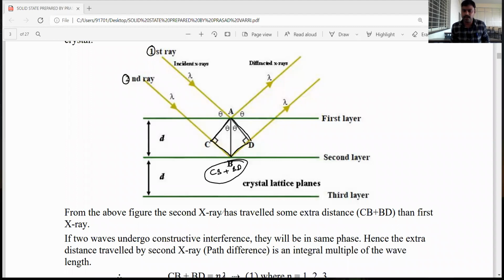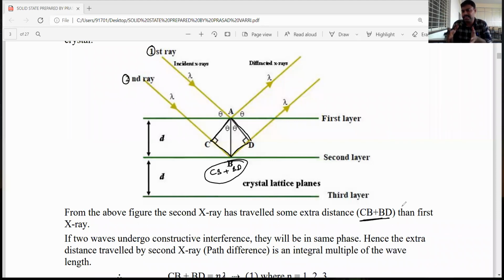So in the above figure, the second X-ray traveled some extra distance, CB plus BD, more than the first ray. Both X-rays are traveling in the same direction, which is called constructive interference or constructive waves.